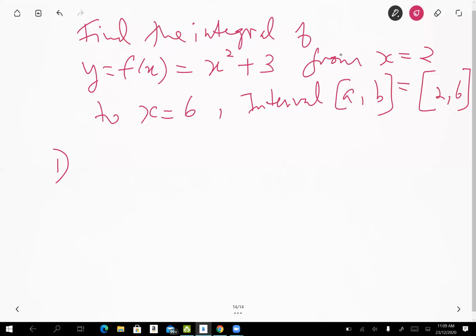Number one, I want you to sketch the function on a graph so that you know how the curve looks like. Sketch, don't draw. I just want to see the shape of the curve. Then you denote the points x equal to 2 and x equal to 6, and we know that would be the area that we want to find.